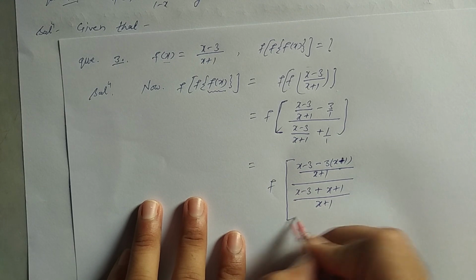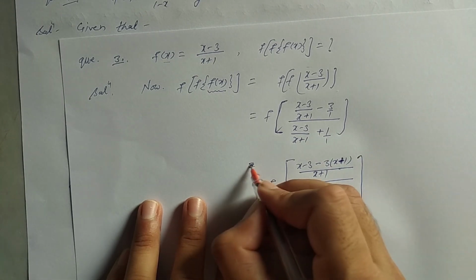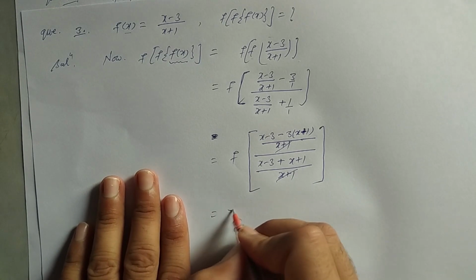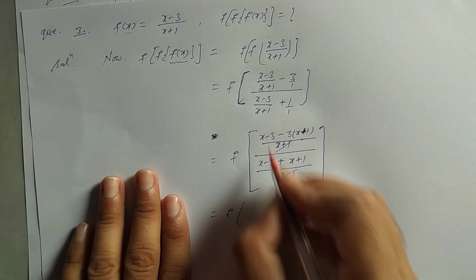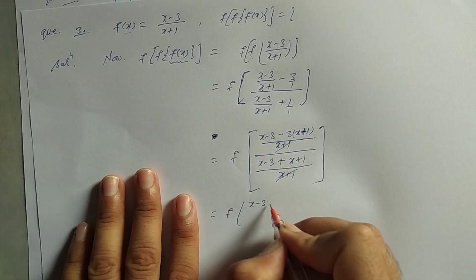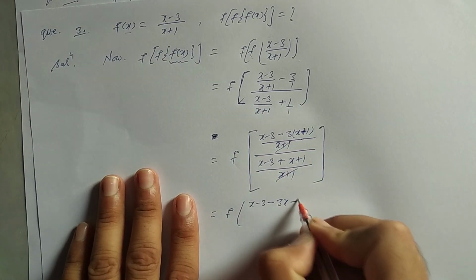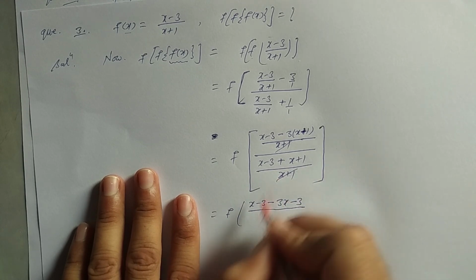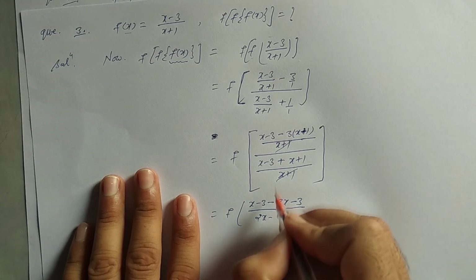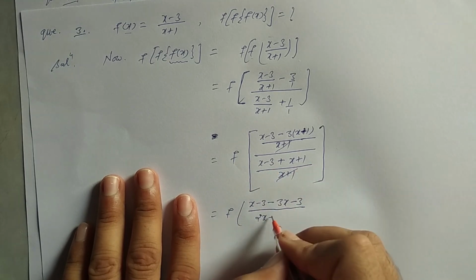The x plus 1 cancels out. It means (x minus 3 minus 3x minus 3) upon (2x minus 3 plus 1), which is 2x minus 2.